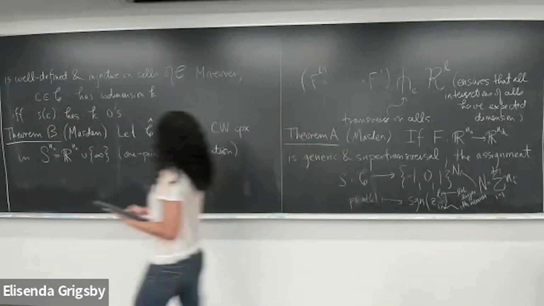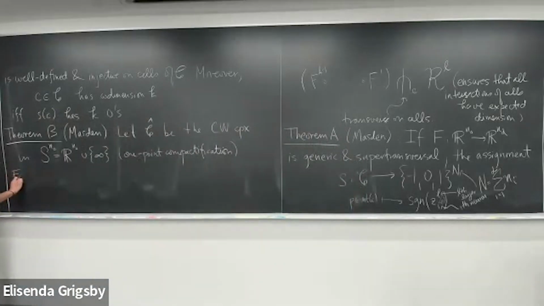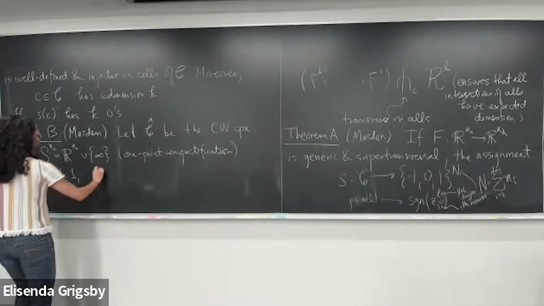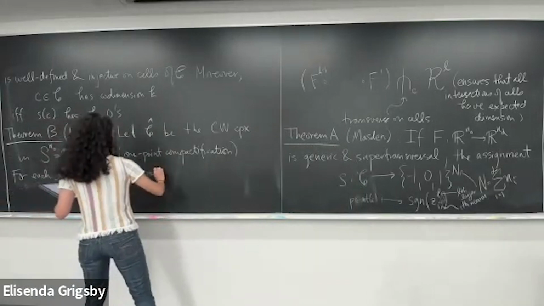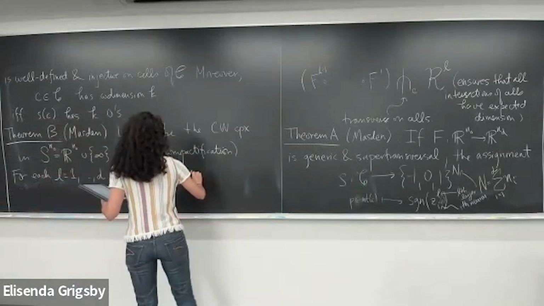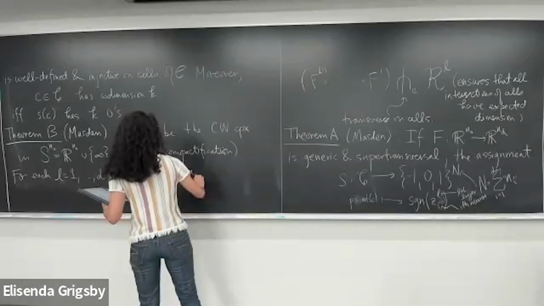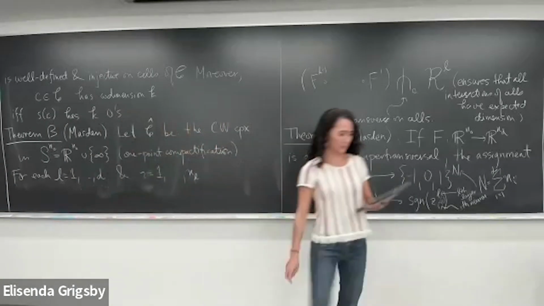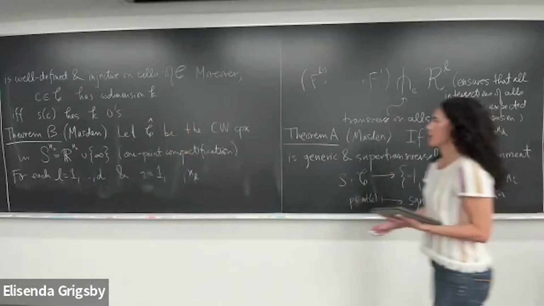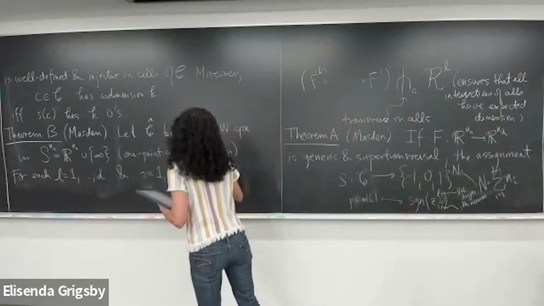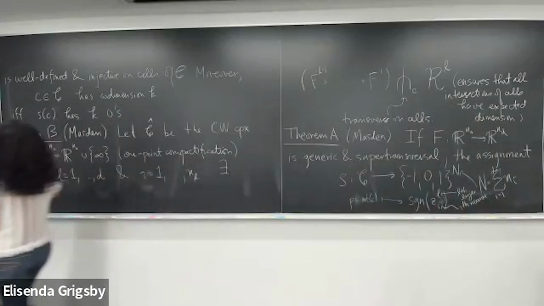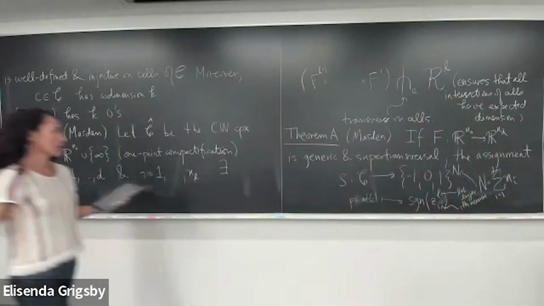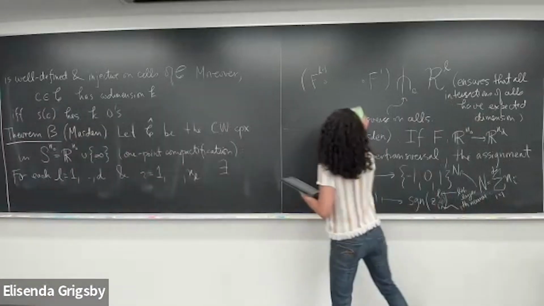Okay. So now for each neuron in your network, so for each layer L, and each neuron i in the L-th layer, there exists a subcomplex of a cube complex. Well, it's a little bit more than a cube complex.